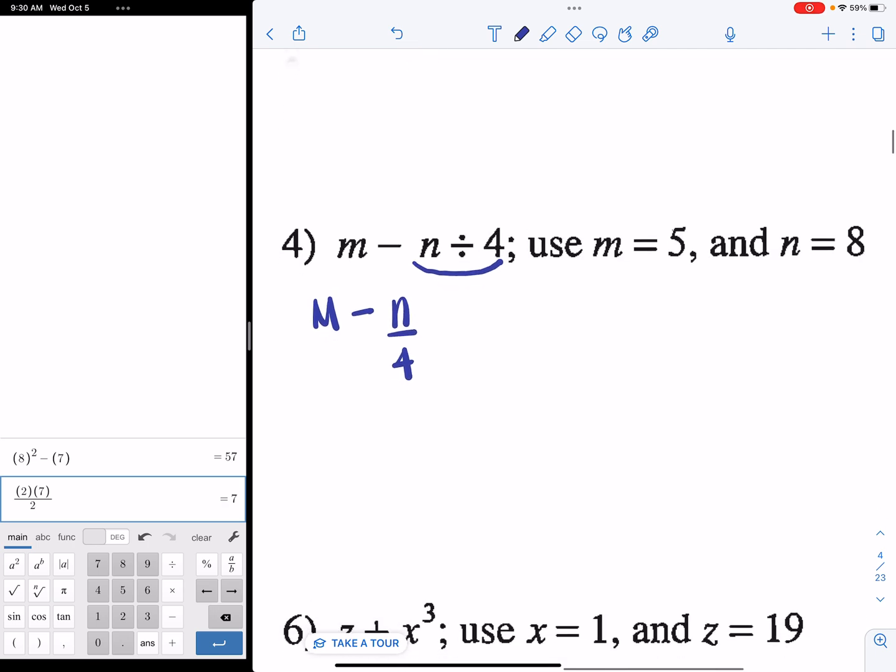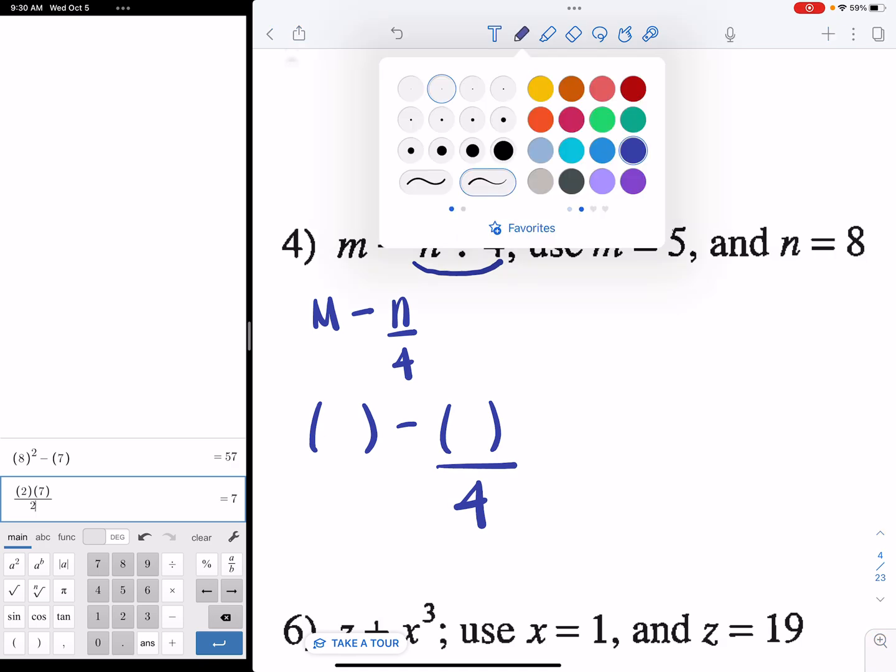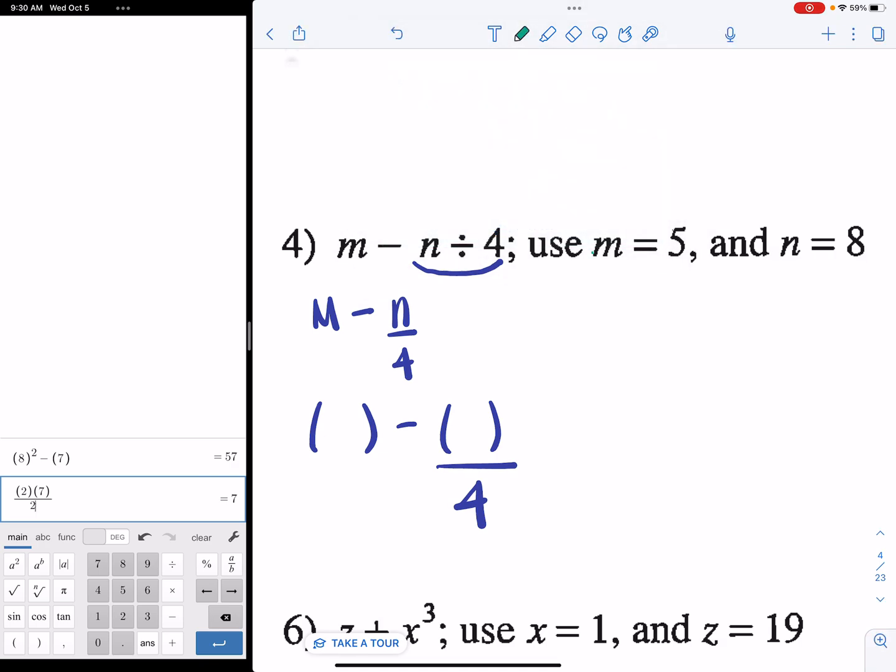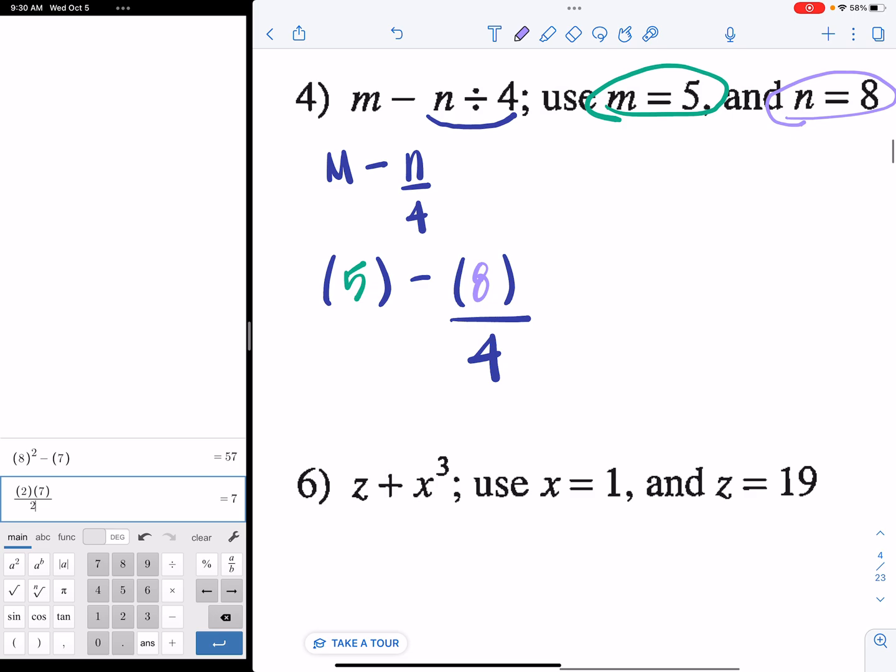So I'm going to rewrite it with my wholes. There's my m whole and my n whole divided by 4. This says the dirt for the m whole is 5. This says the dirt for n is 8. You are welcome to go to Desmos at this point.